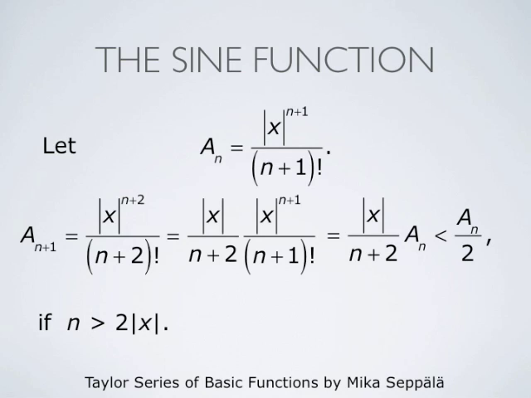And this is less than a_n divided by 2 if n is larger than 2 times the absolute value of x. But now we are interested in the situation where n tends to infinity. Then it follows from this estimate that the limit of these quantities a_n as n tends to infinity is 0.